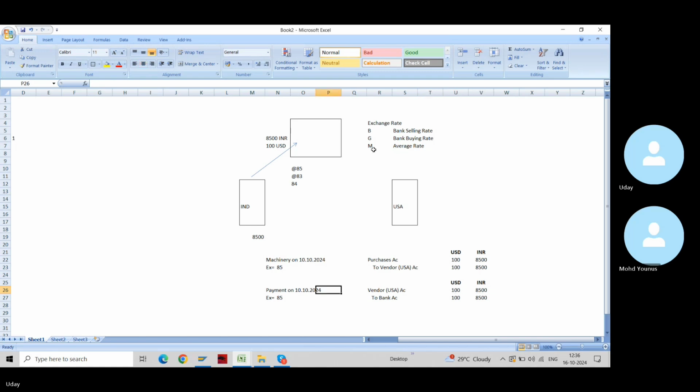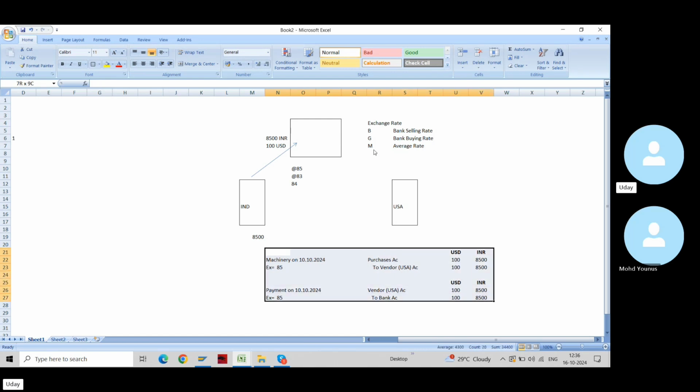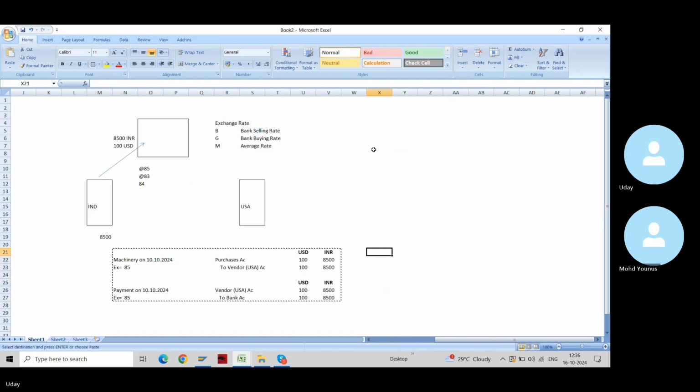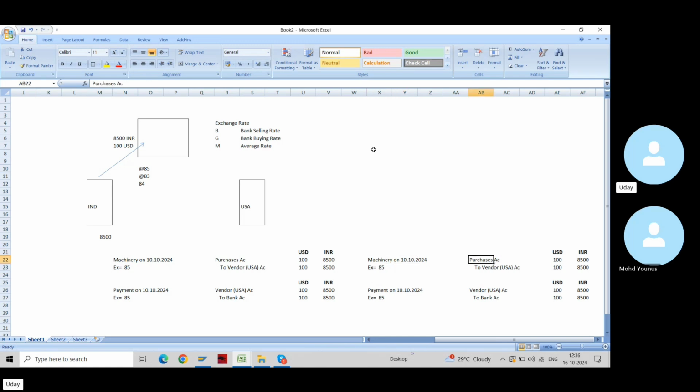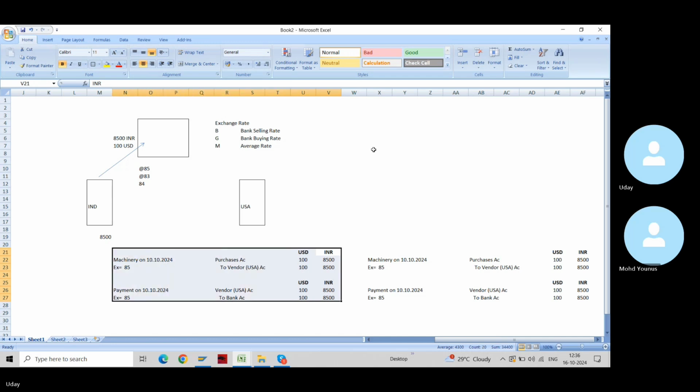Now, for example, the same thing I have purchased on 10th October, and now I want to make the payment on 26th October.